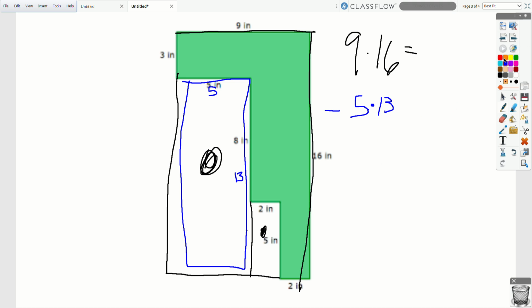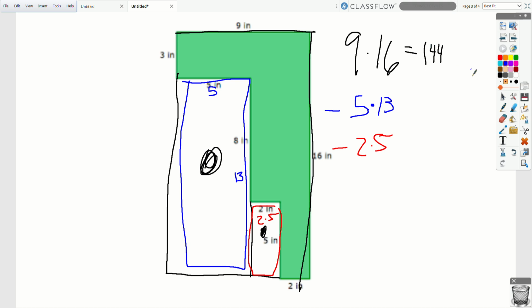And then the last shape that we need to get is we need to subtract out this one. That's going to be 2 times 5. So we will subtract 2 times 5. So 9 times 16 is going to be 144. Yes, I used my calculator.